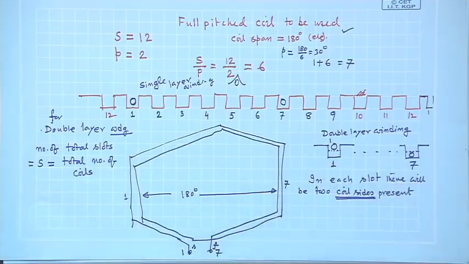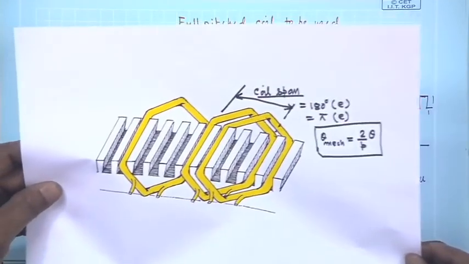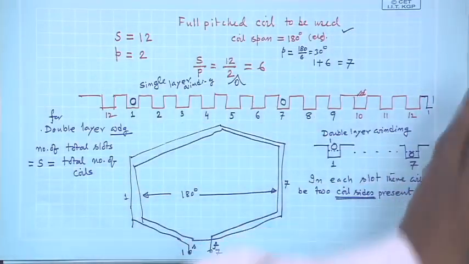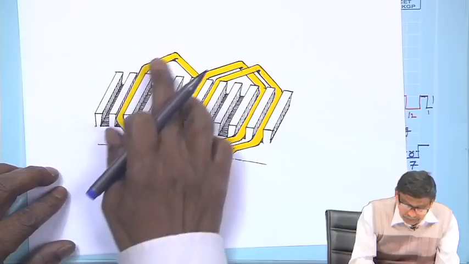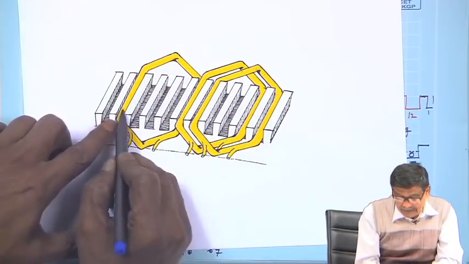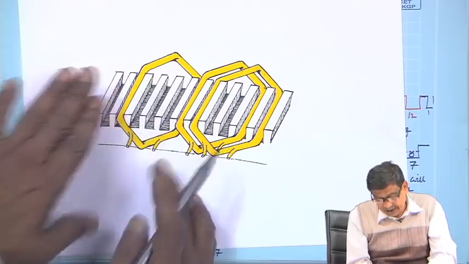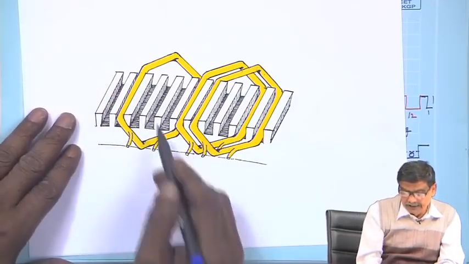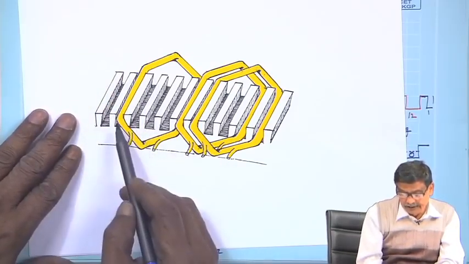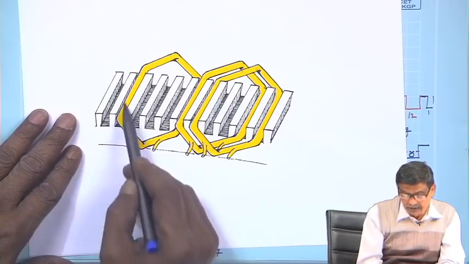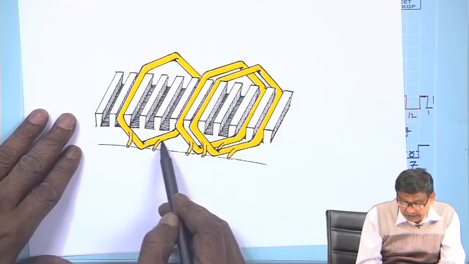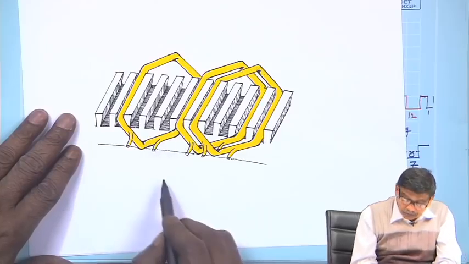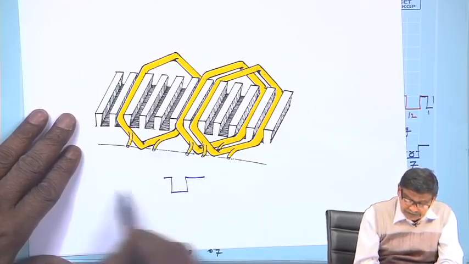It will look like this diagram. These are the slots, this is one coil, its start is at the top. In three dimensions, this is the starting coil side and its finish comes out from below.